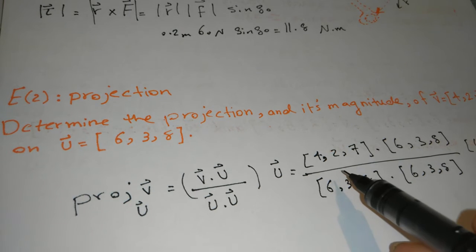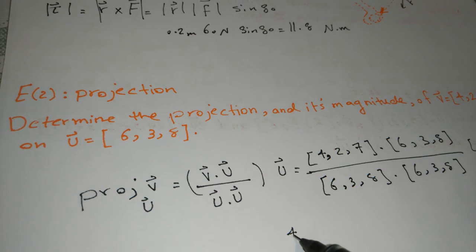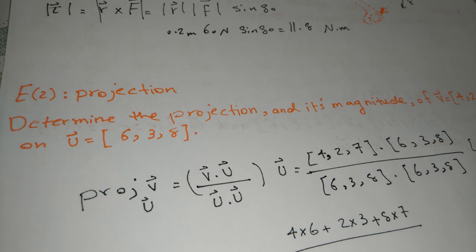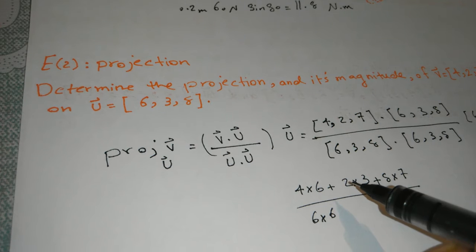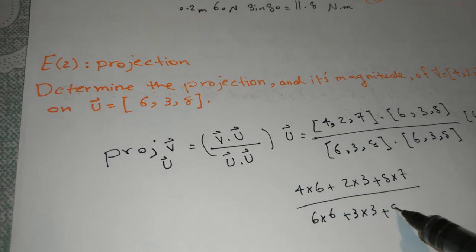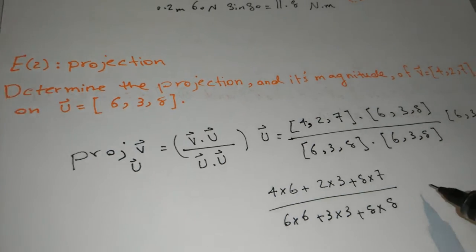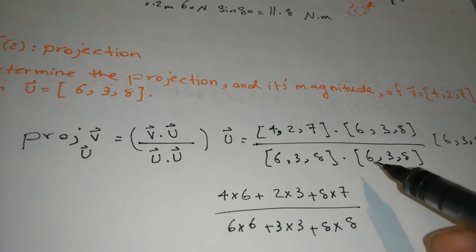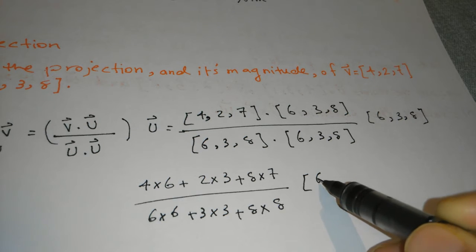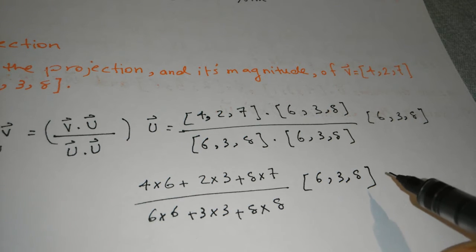And if you remember how to do the dot product, it's going to be 4 multiplied by 6 plus 2 multiplied by 3 plus 8 multiplied by 7, divided by 6 multiplied by 6 plus 3 multiplied by 3 plus 8 multiplied by 8. And I'm gonna keep that part, <6, 3, 8>.